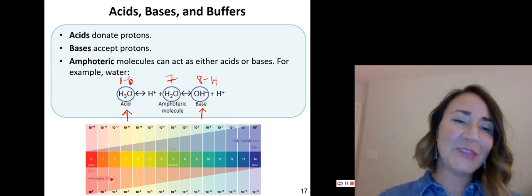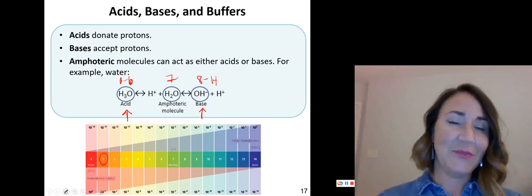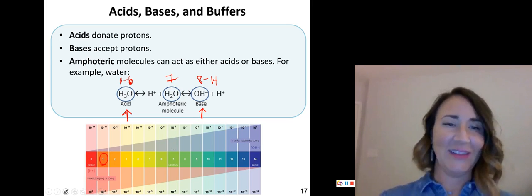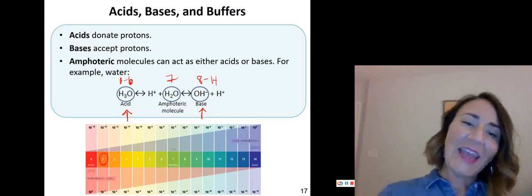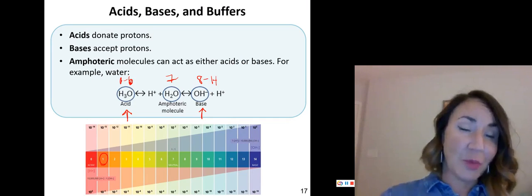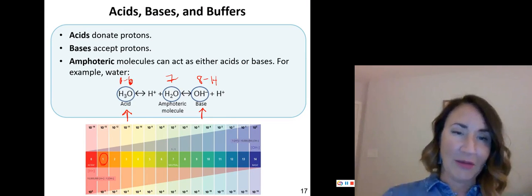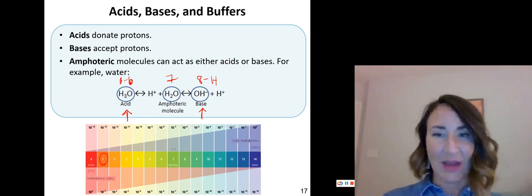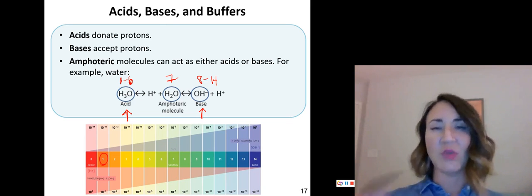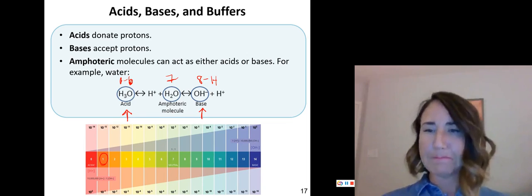And so at a pH of 1, we have 10 to the negative 1 hydronium ions and 10 to the negative 13 hydroxide ions. It's kind of how that works. They're sort of inverse in relationship.